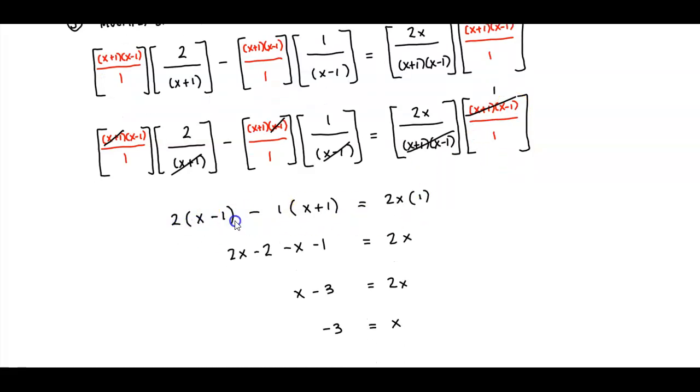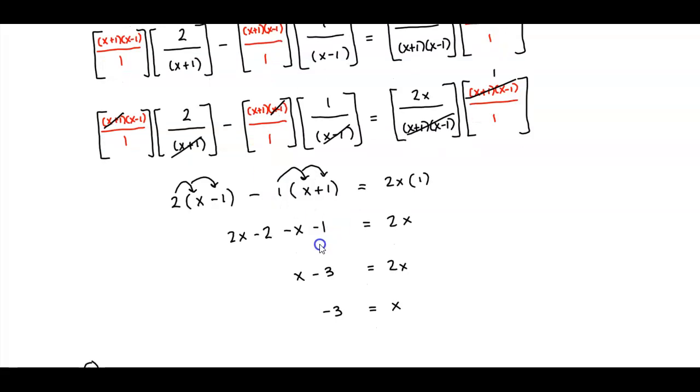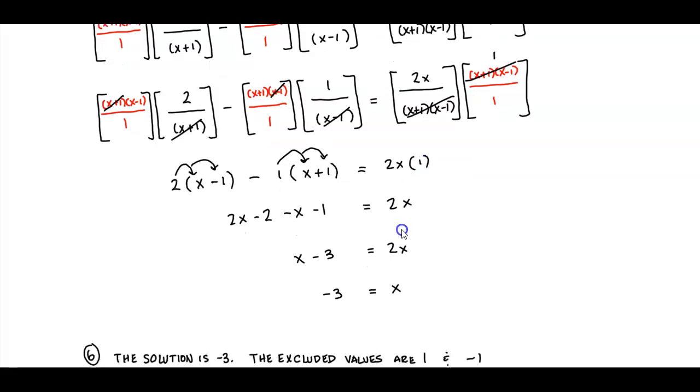Now we can go ahead and distribute, multiply. So 2 times x, 2 times minus 1 gives you 2x minus 2. Minus 1 times x, which is minus x, and minus 1 times 1 is negative 1, which is equal to 2x times 1, which is 2x.